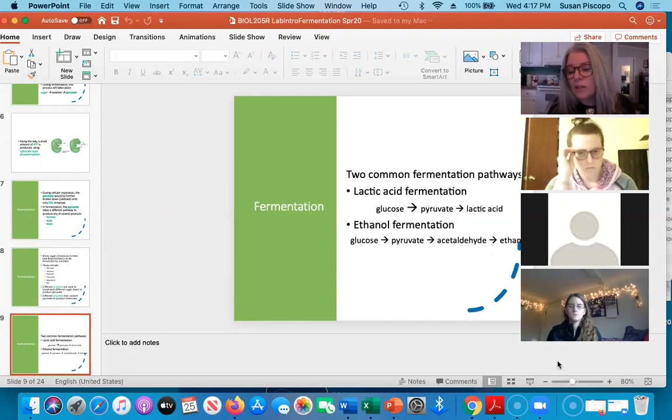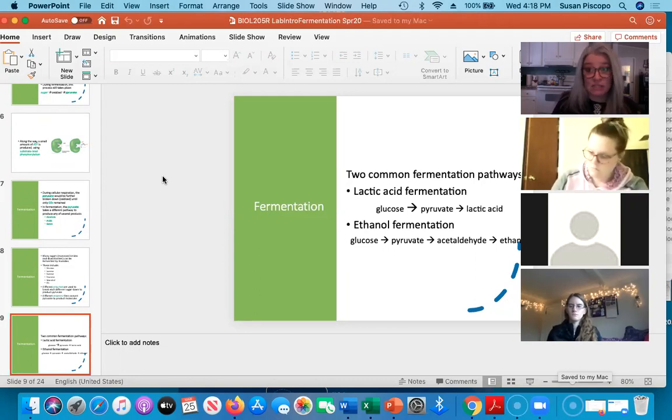So I want us to know the details of two kinds of fermentation, because these are very common fermentation pathways. Lots of organisms are capable of one of these kinds of fermentation. And those two are lactic acid fermentation and ethanol fermentation.